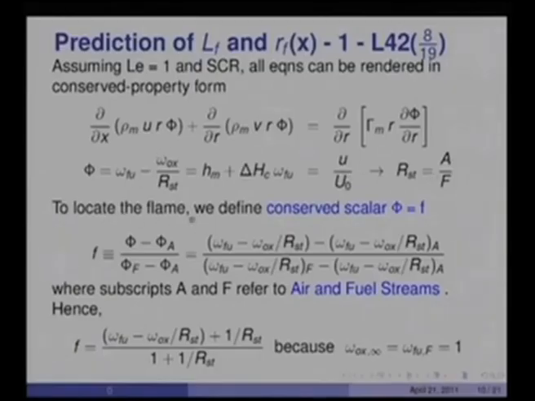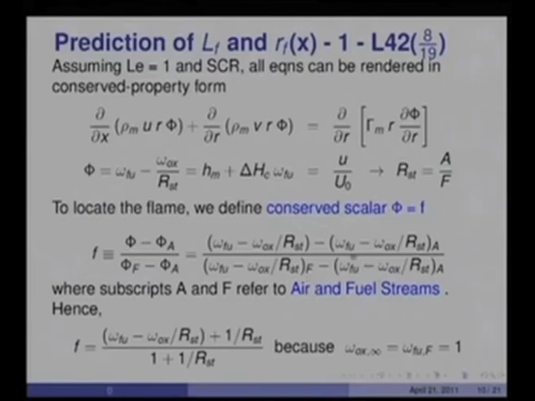Now, to locate the flame, we define what is called a conserved scalar, F. F is defined as (phi − phi_a)/(phi_f − phi_a), where suffix a implies the air stream and suffix f implies the fuel stream. So it is (ω_fu − ω_ox/RST) divided by the same quantity in the fuel stream and the air stream.